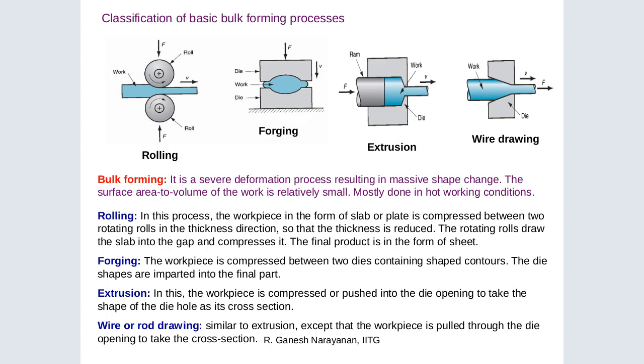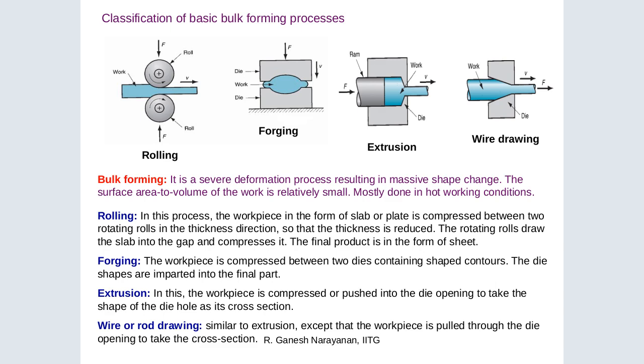The rotating rolls take the slab into the gap and compress it. So the final product is in the form of a sheet. It is shown in the first picture.